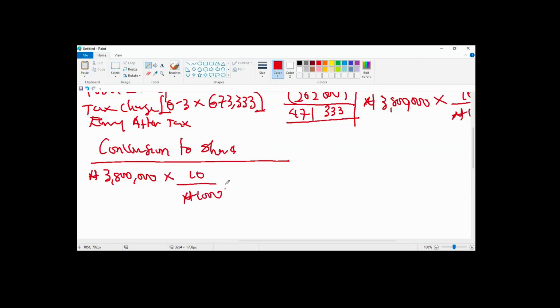One debenture is 1,000 times, when does it convert? 10 over 12 is the first one. The second one will now be 200,000 times 12 over. That's all.